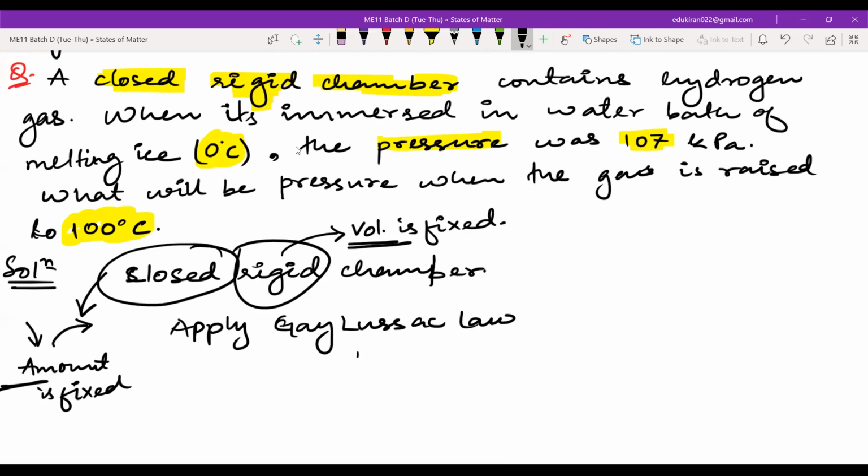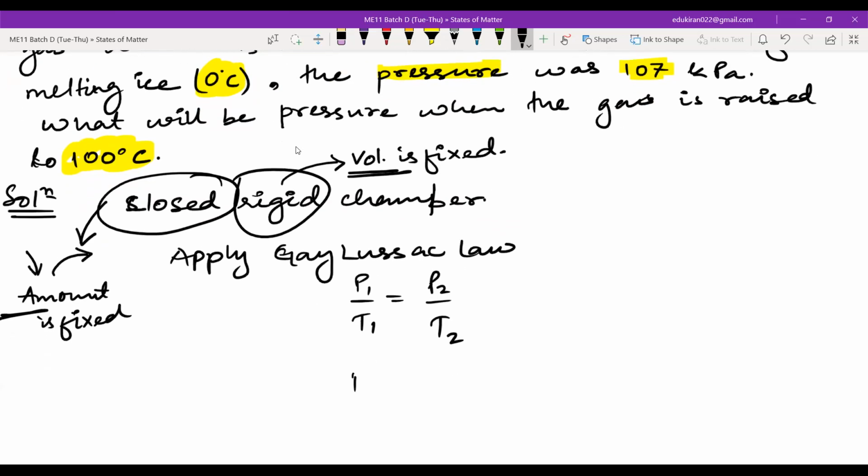What is the Gay-Lussac law? We have P1 upon T1 is equal to P2 upon T2. You have to find P2. So P2 will be equal to P1 T2 upon T1.